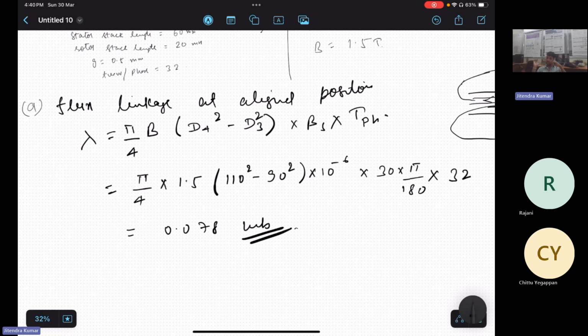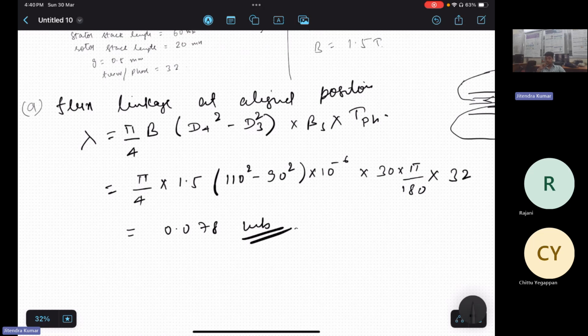On the other hand, if you have a constraint on diameter but not on axial stack length, then you should opt for a radial flux machine. There is a ratio, L by D of about 0.6 or so. Beyond that, go for radial flux; less than that, go for axial flux.